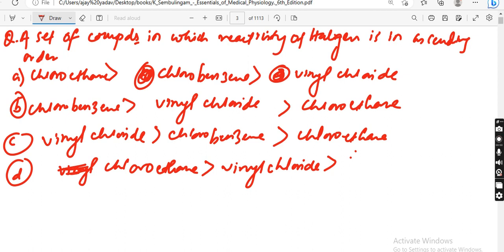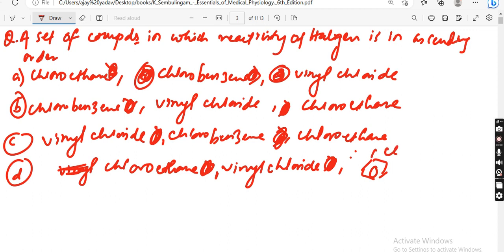So I have done something wrong over here. Let's put commas, not greater-than signs, so that we can judge. Vinyl chloride, and then this is chlorobenzene.